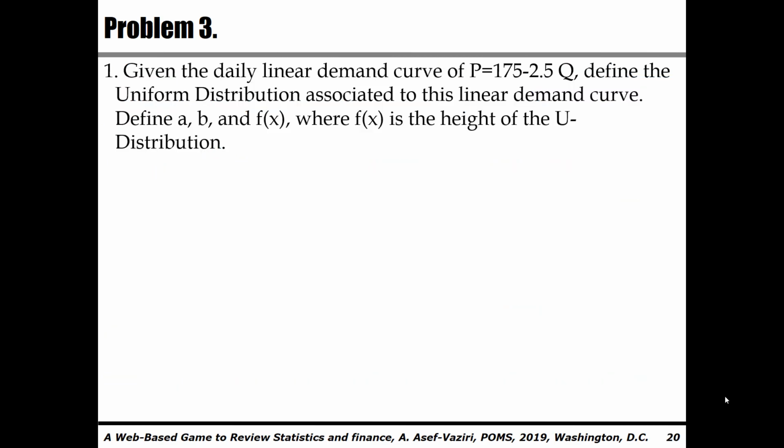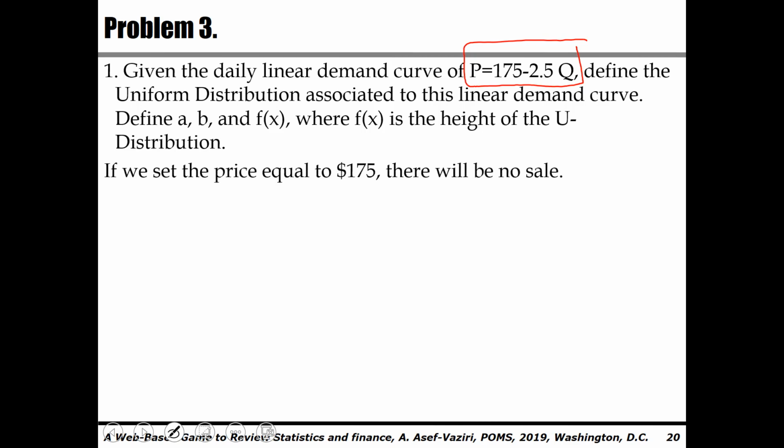Here is our linear demand curve. We have already computed it, and we know that price is equal to 175 minus 2.5 Q. We want to connect it with the uniform distribution. If I set the price equal to 0, probability of sales is 100%.